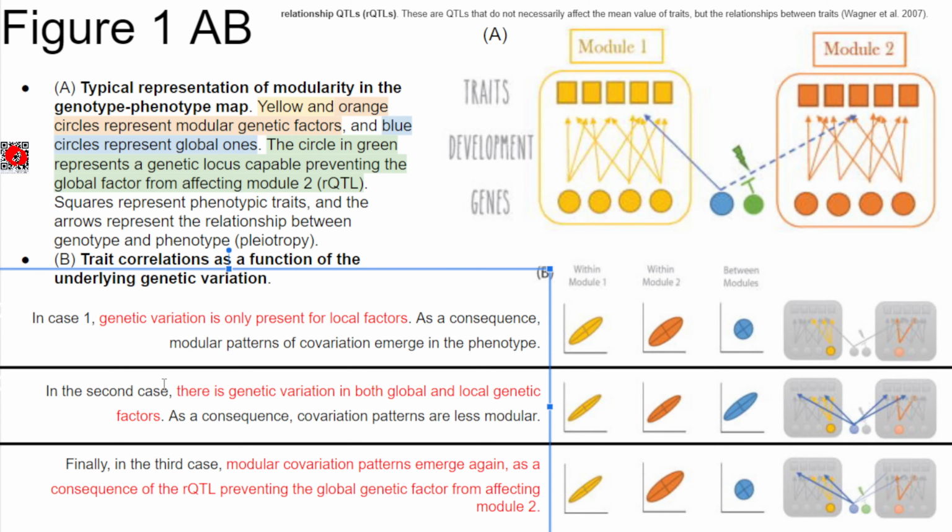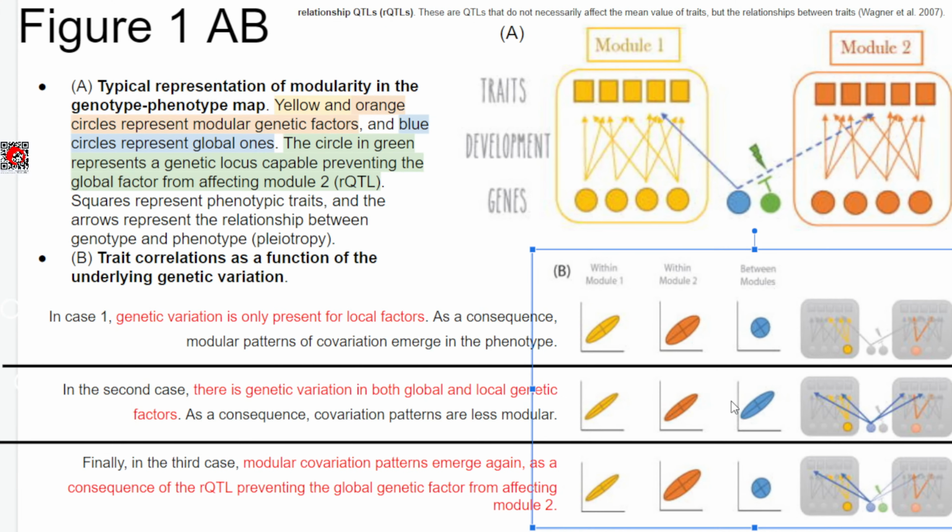In the second case, there's genetic variation in both global and local genetic factors. As a consequence, covariation patterns are less modular. So here, between modules, there's a correlation. And within the modules, there's also a correlation of these traits. So it's going to be like a multi-level statistical model where you have the 3rd grade and the 10th grade classroom and students sitting on the left or the right side of the room, and then the height and body weight correlation.